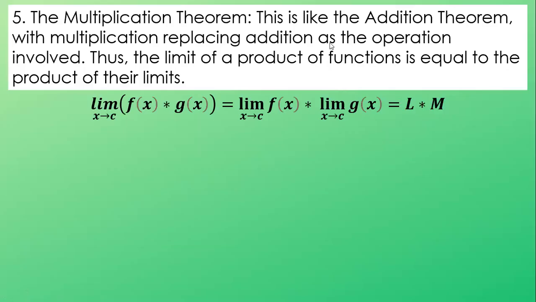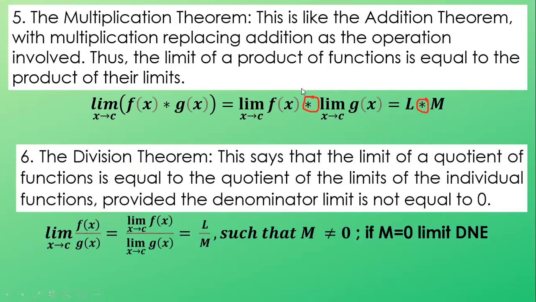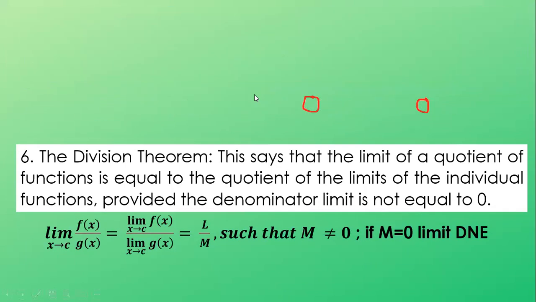Next, the multiplication theorem. Para lang din siyang addition theorem. Pero ipag-multiply natin since multiplication theorem nga, na iba lang yung operation. We have the division theorem naman. So here we have the limit of f of x over g of x. Okay, so we will evaluate the limit of the numerator muna and then limit of the denominator.